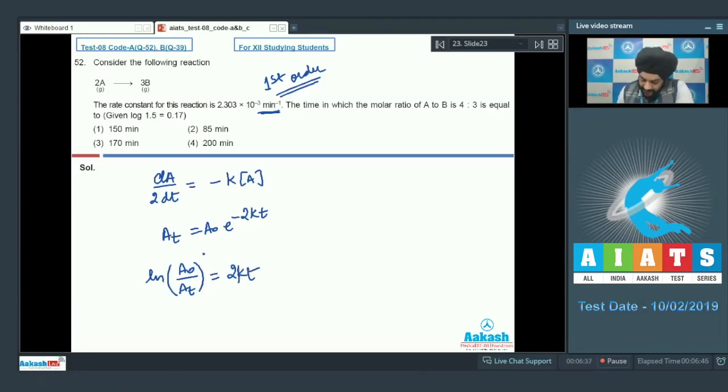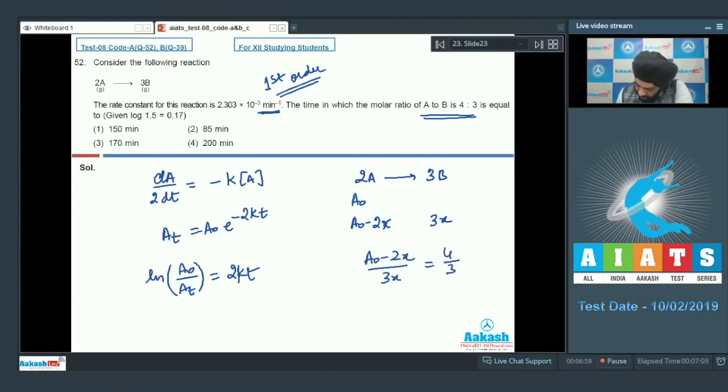Now we have been given some further information which says that the molar ratio of A to B is 4/3. So we can solve for that concentration. So we had A_0 - 2x shall give us 3x. So it is given to us that (A_0 - 2x)/3x is equal to 4/3.